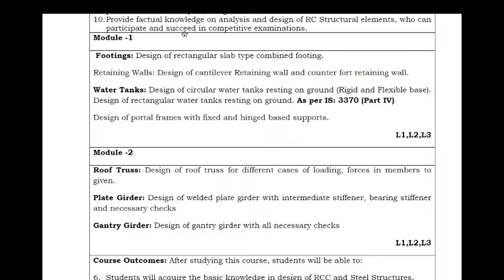So the question paper in the final examination will have two components. In each module there will be two questions and you have to attempt one from each module. So that means module 1, which is design of RCC, this entire portion is design of RCC structure, and you need to attempt any one from this, and module 2 is totally design of steel structure.